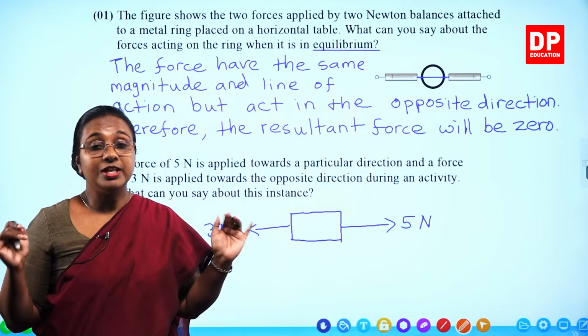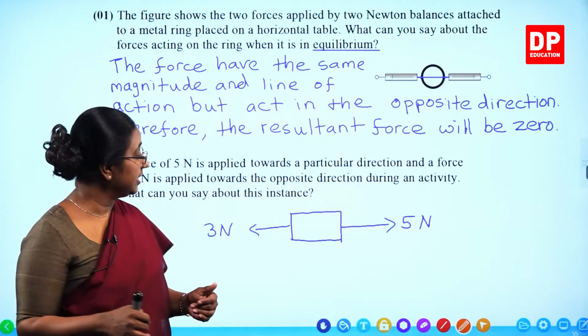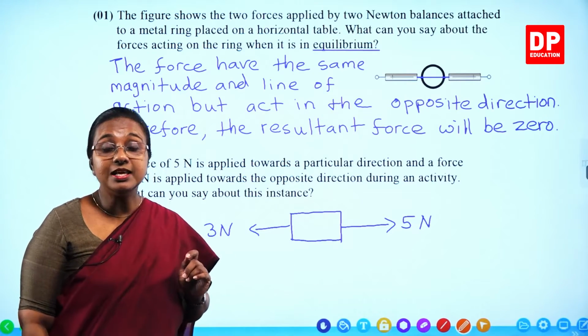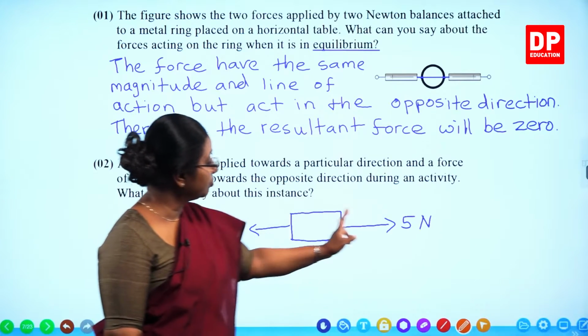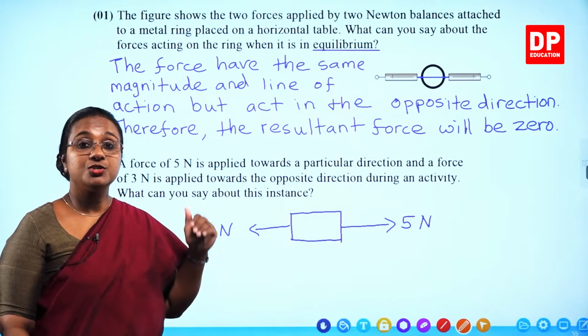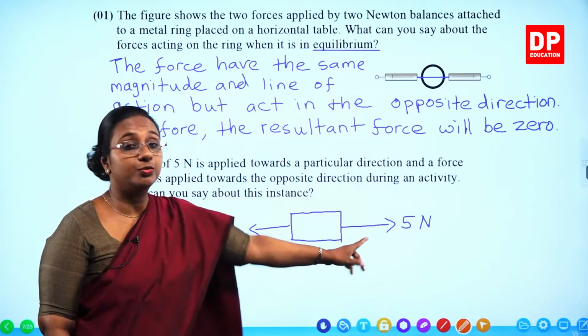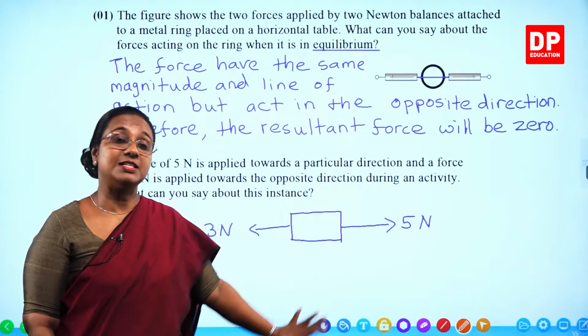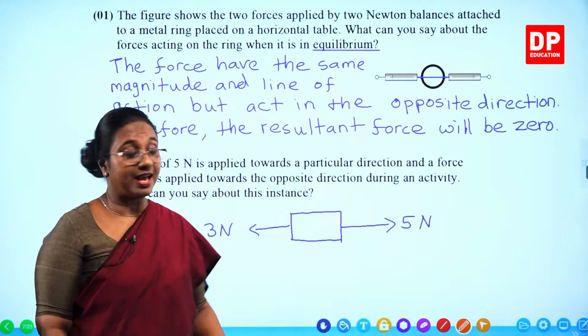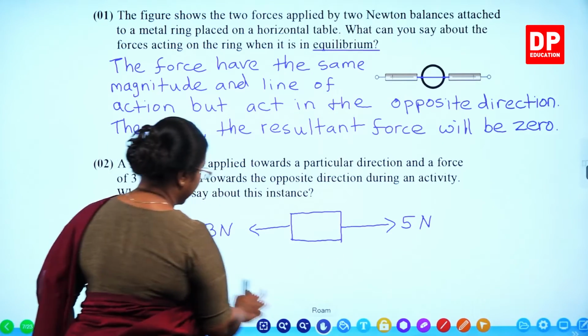When there are collinear forces acting in the opposite direction but with unequal magnitudes, there will be a resultant force towards the higher magnitude. Therefore, the object will move towards that direction. Students, when you look at the diagram itself, you can understand that, but we have to write it as the answer.